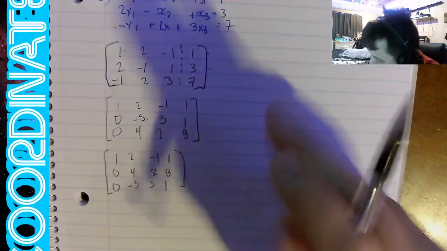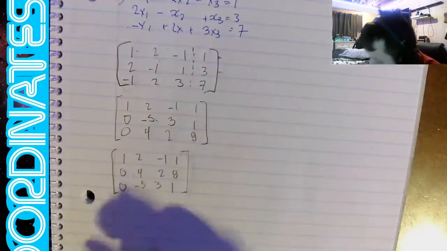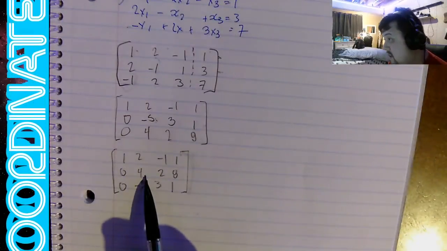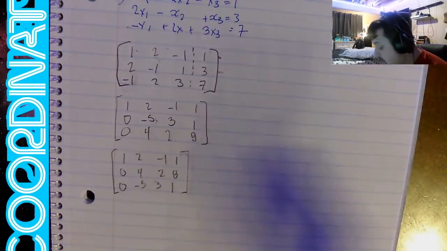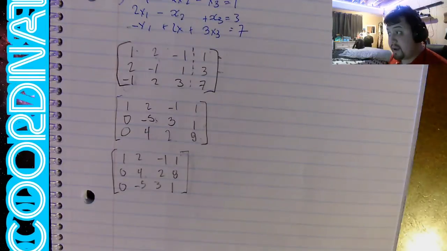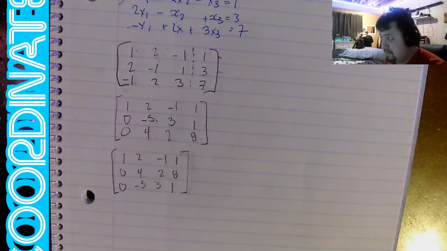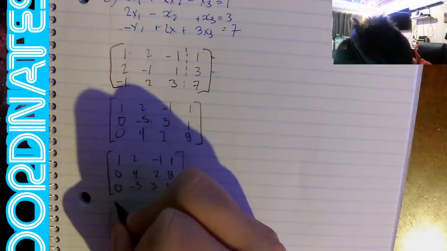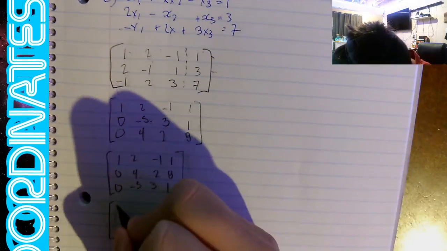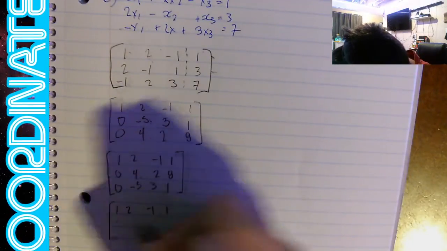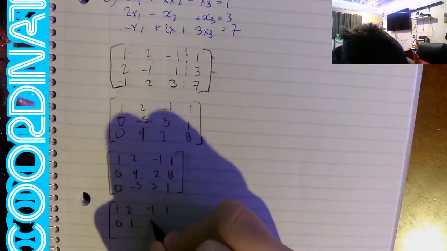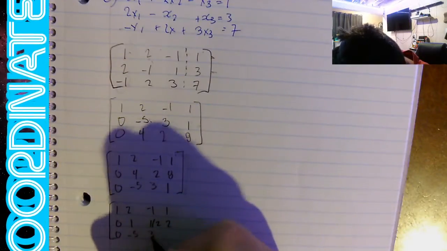So we're going to do that. And look at that, we switched the rows. Now that this is here, we can have this as our 1 instead, and we can essentially divide by 4, which is a lot easier and a lot nicer looking. So we're going to divide this one by 4. 1, 2, negative 1, 1, 0, 1, 1 half, and 2. 0, negative 5, 3, 1.